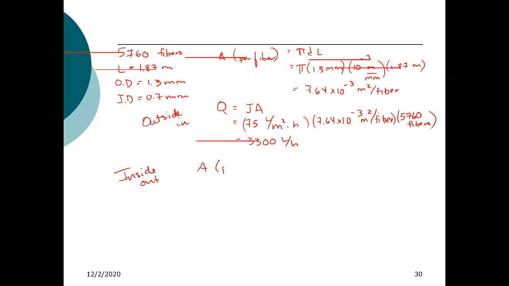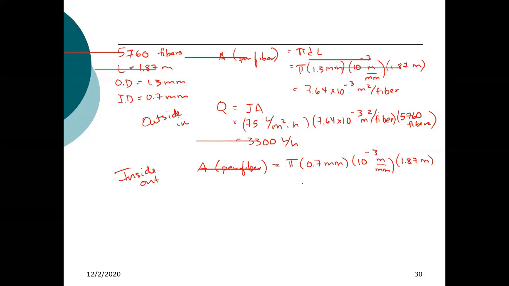The area per fiber, in this case, is pi times 0.7 millimeters times 10 to the minus 3 meters per millimeter times 1.87 meters. And that is equal to 4.11 times 10 to the minus 3 meters squared per fiber. And then again, if we calculate our flow rate, that's equal to the specific flux times the area.